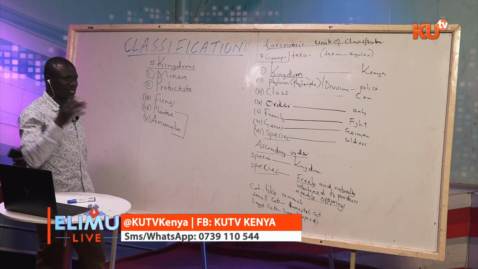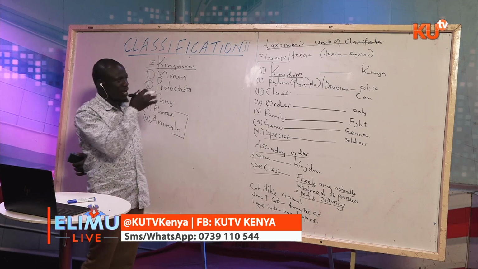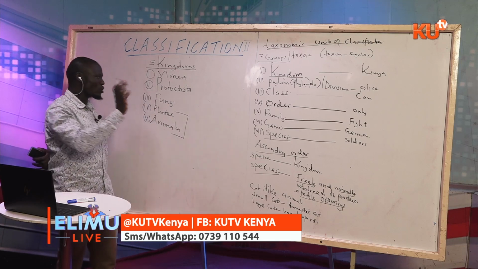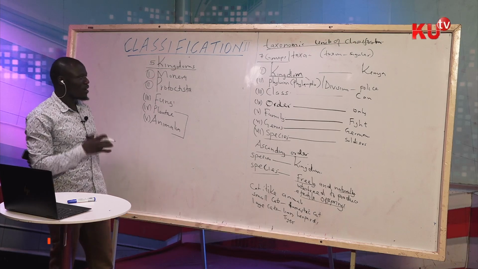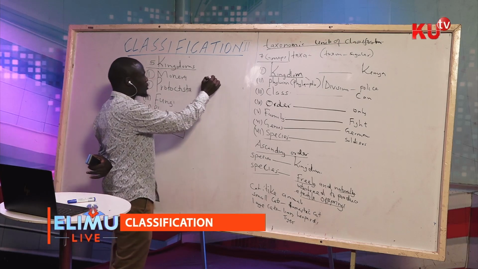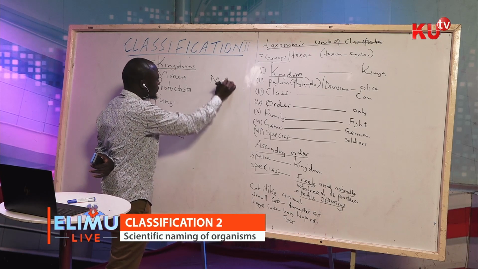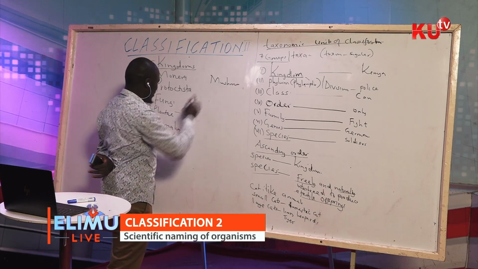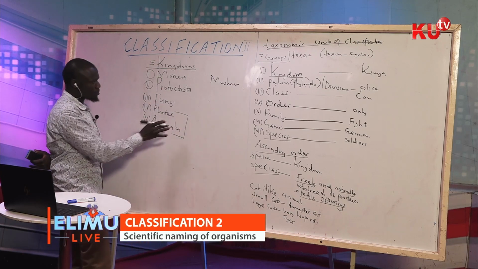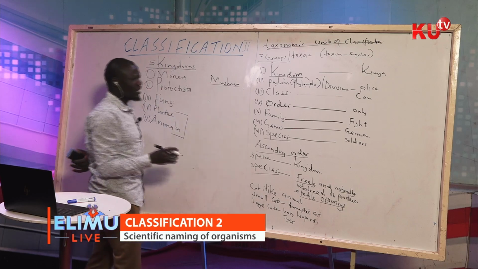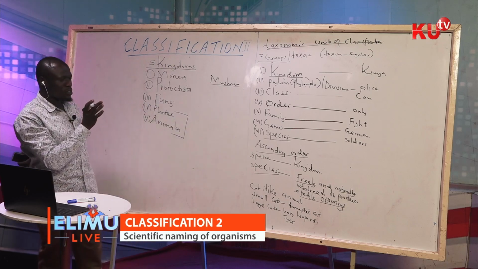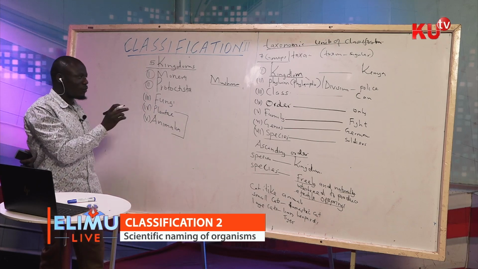But these scientists studied further some structural features of certain organisms. For instance, there is an organism called mushroom. Initially, when we had the two kingdoms, this mushroom had a feature similar to that of a plant.